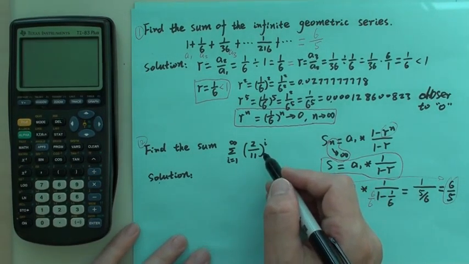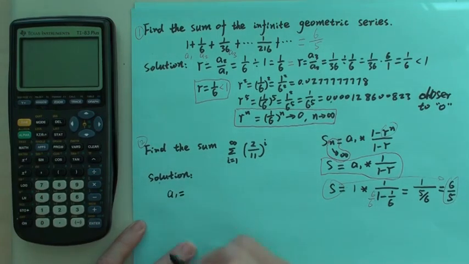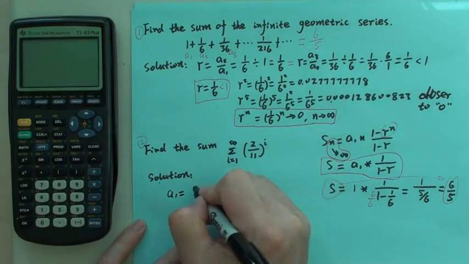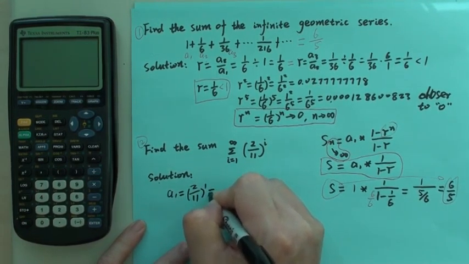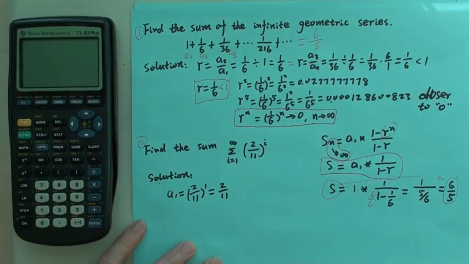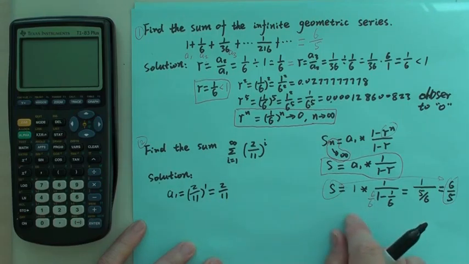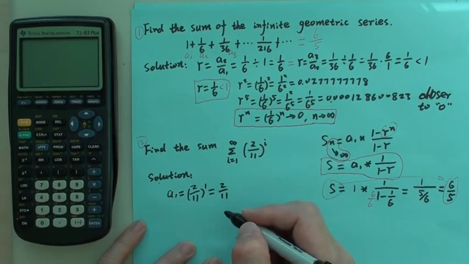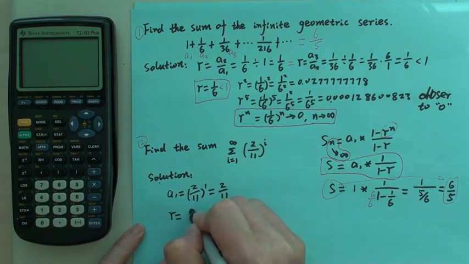Alright, now let's figure out this one. A1 in this case is 2 over 11 to the first, that's 2 over 11. You need A1 in the formula, so you got A1 out. Now, what is R? R is A2 divided by A1.